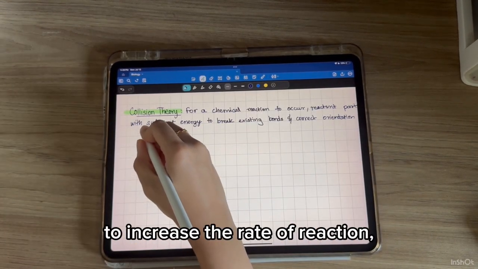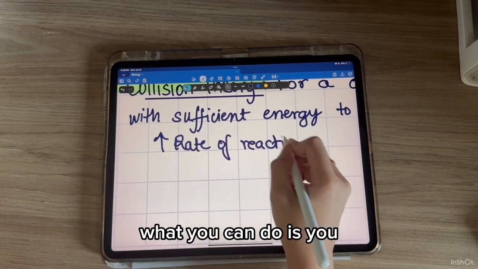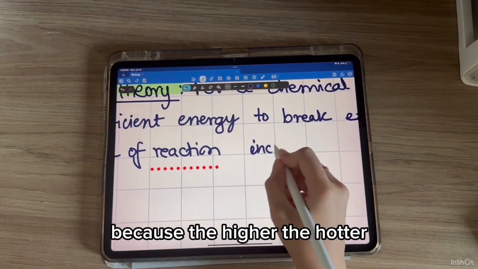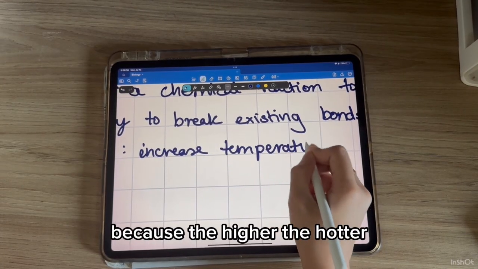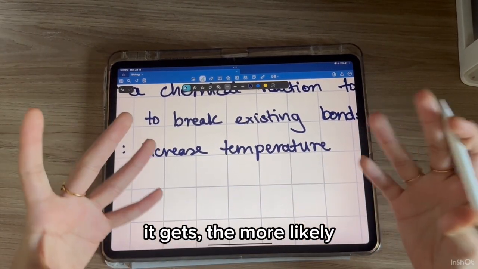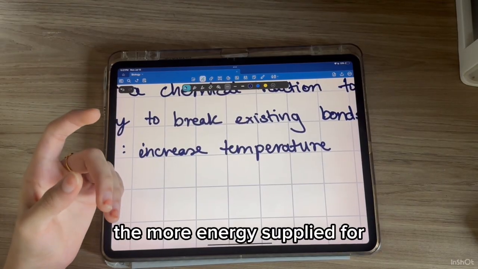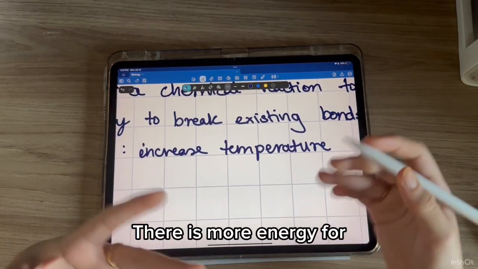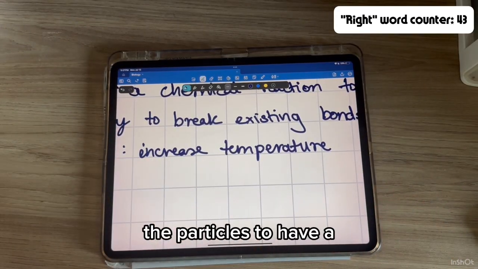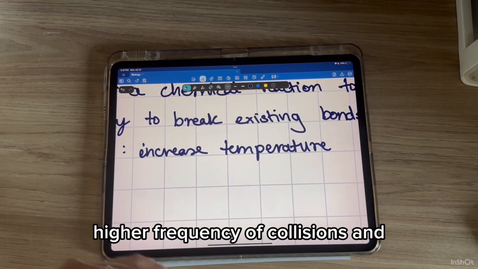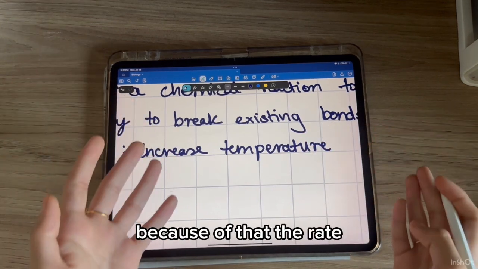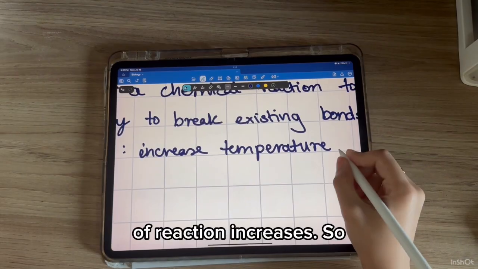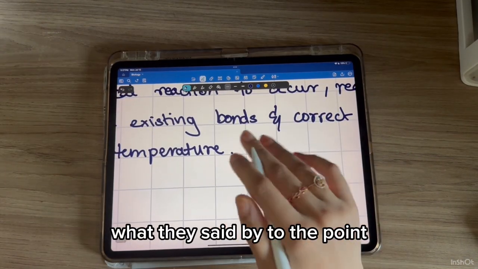To increase the rate of reaction, you can increase temperatures, because the hotter it gets, the more energy is supplied for the particles to move, right? There is more energy for the particles to have a higher frequency of collisions, and because of that, the rate of reaction increases.